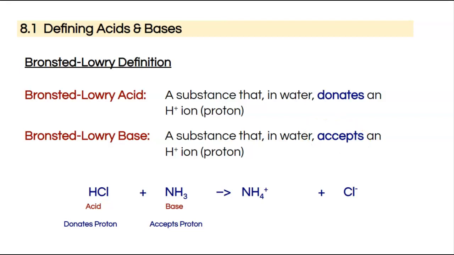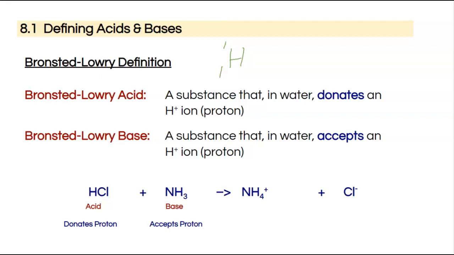Okay, so let me remind you why it is that we call hydrogen ions protons. If you look on your periodic table, a hydrogen atom has a mass number of 1 and an atomic number of 1.